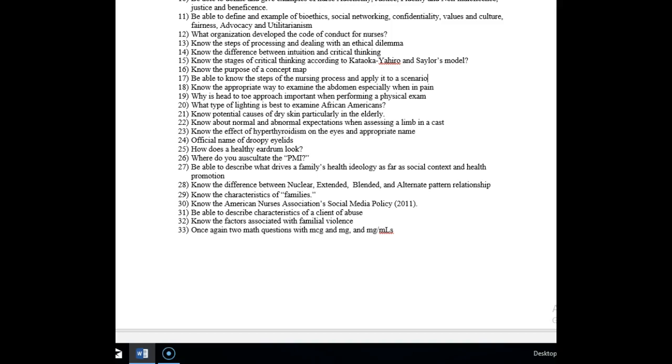What type of lighting is best to examine African Americans? Basically, they just want you to use natural sunlight. Or if you use halogen, that's okay too.